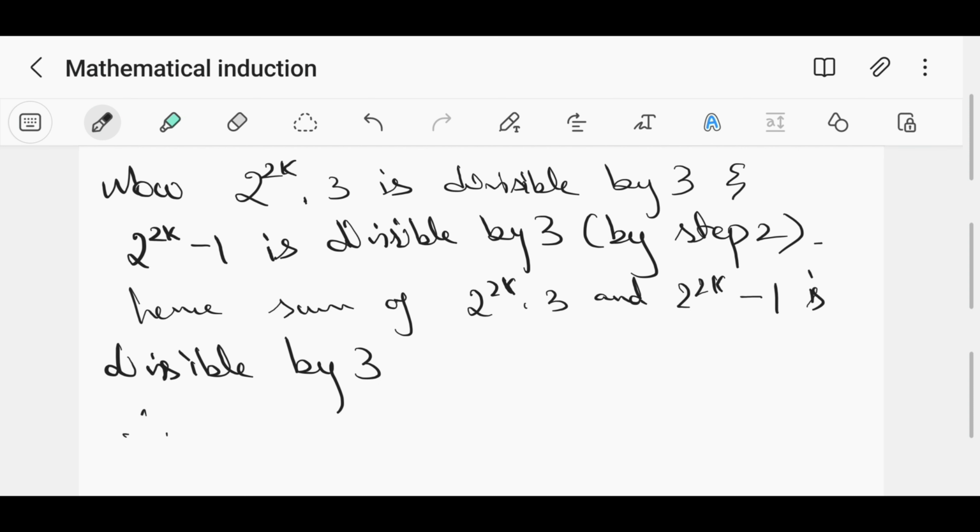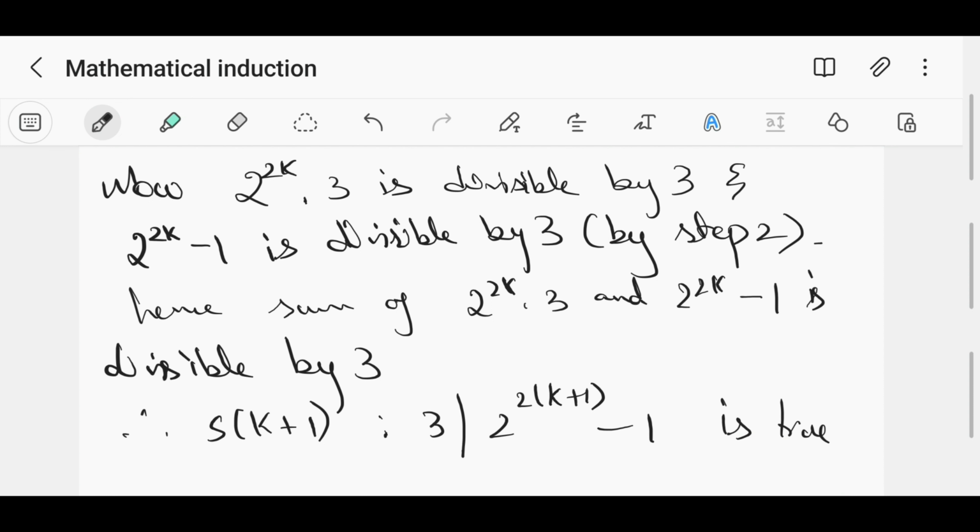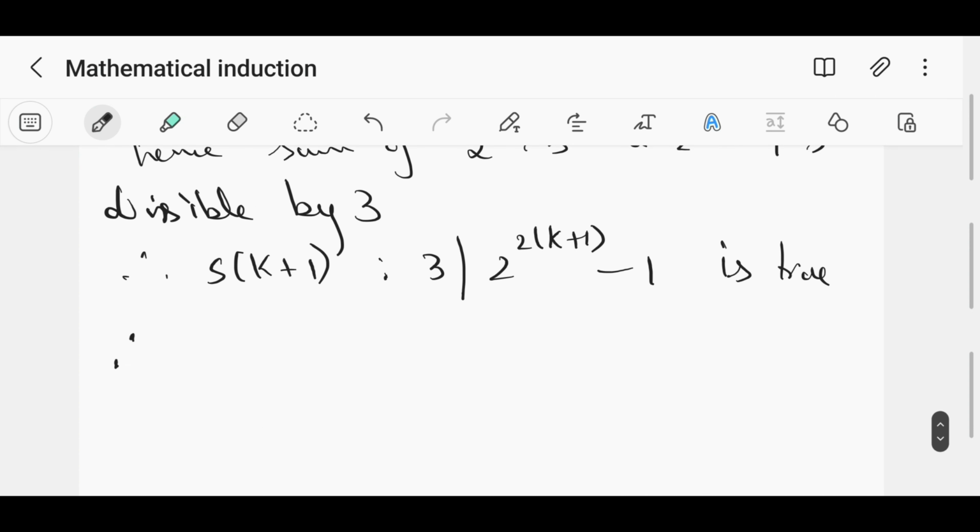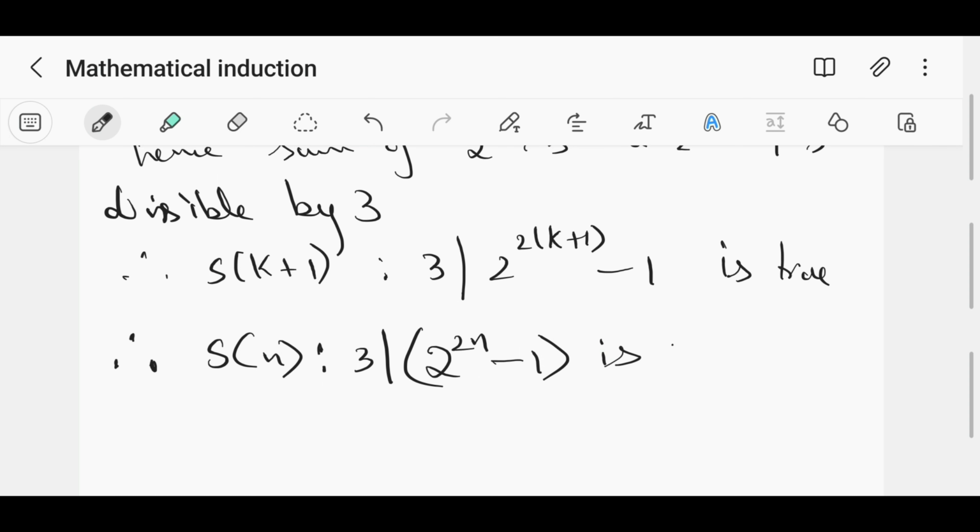Therefore I can write S(k+1), that is 3 divides 2 to the power 2(k+1) minus 1, is true. Therefore, I can say that S(n), that is 3 divides 2 to the power 2n minus 1, is true for all n greater than or equal to 1 by mathematical induction.